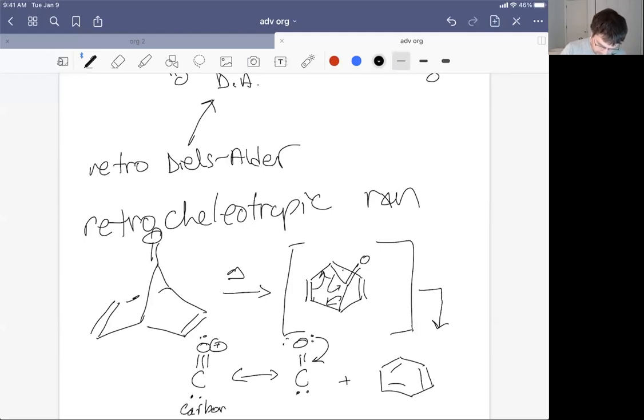So this can be a helpful way to generate carbon monoxide in situ within the reaction, as opposed to handling gas cylinders. Probably handling gas cylinders is a little bit easier, but it's a super cool reaction because, driven by the force of aromaticity, you generate an aromatic molecule, benzene, and extrude a molecule of carbon monoxide.